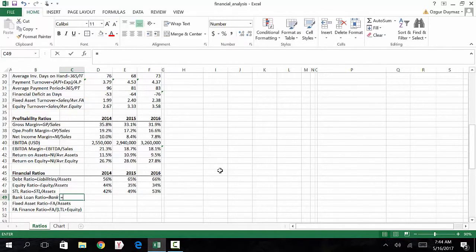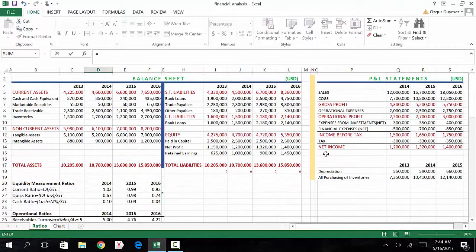Bank loan ratio. And something is going bad year by year. Almost all ratios provide us the same results. Bank loan ratio, total bank loan. You know, bank loan is very important. It's difficult to delay.